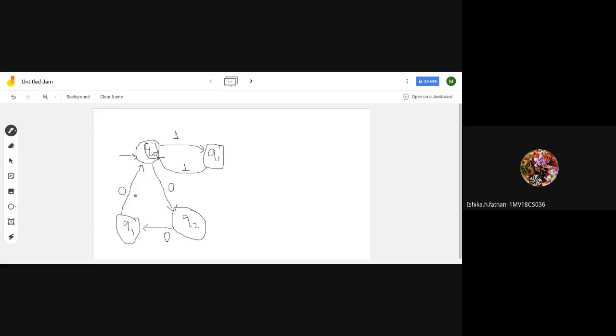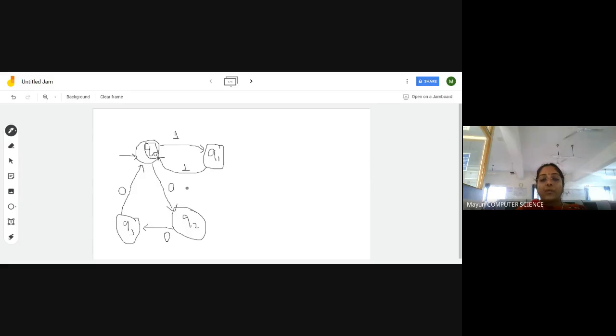Yes, ma'am. Okay. So the remaining inputs you provide to the dead state. For Q0 I have provided 1 and 0. For Q1 I haven't provided 0. So after 1, here you can make a dead state, or else you can leave the problem here also.